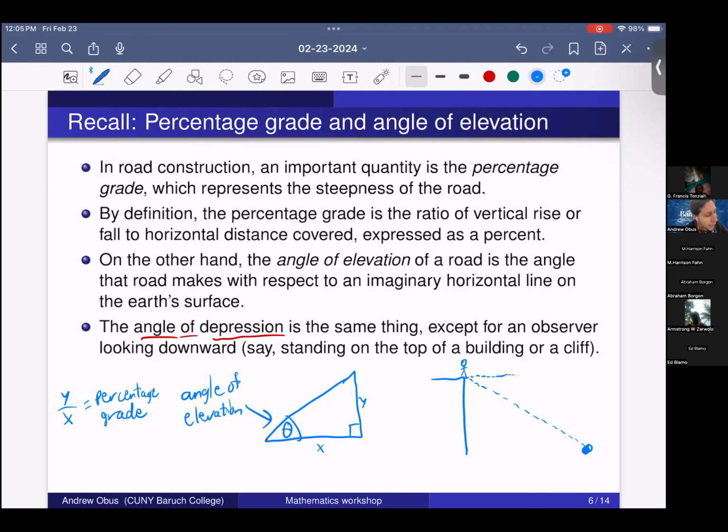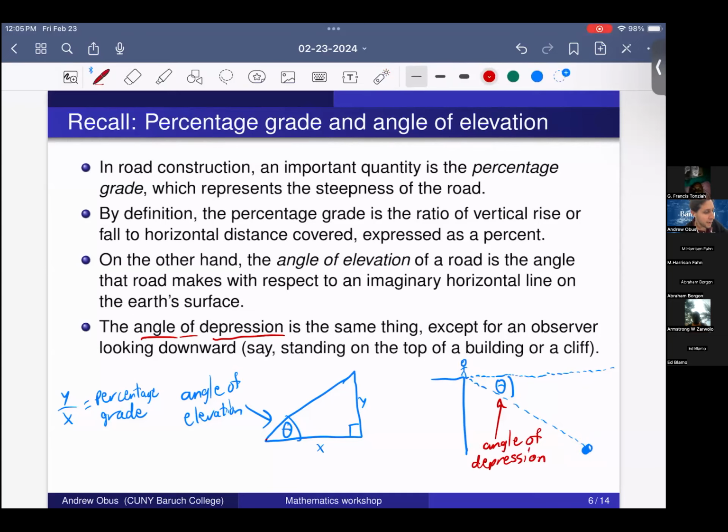Well, we draw an imaginary horizontal line out from where the person is standing. Then over here, this is this angle theta, and this angle theta here is the angle of depression. One thing that's true is that the angle of depression from the perspective of the person standing on top is the same as the angle of elevation from the perspective of the person or the object at the bottom, right?